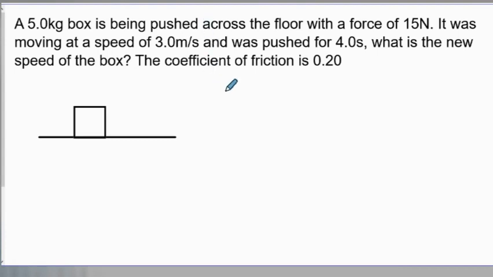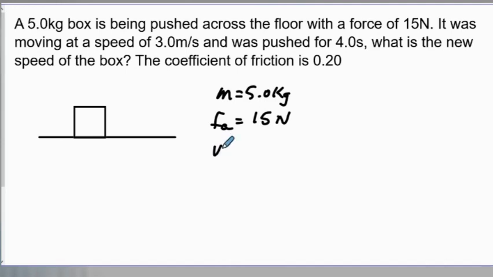Start by identifying everything that was given to us. So our mass was 5 kilograms. It was being pushed with a force, that's an applied force, of 15 newtons. It doesn't say what direction, so north, south, east, west, left, right.